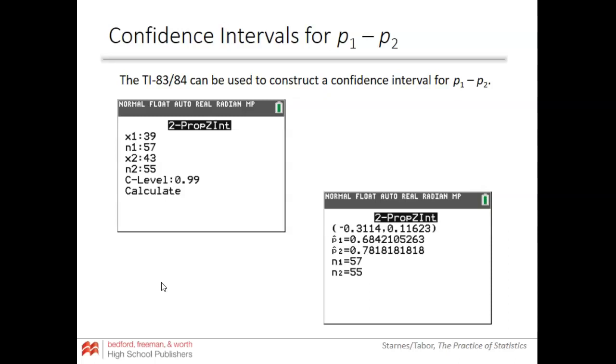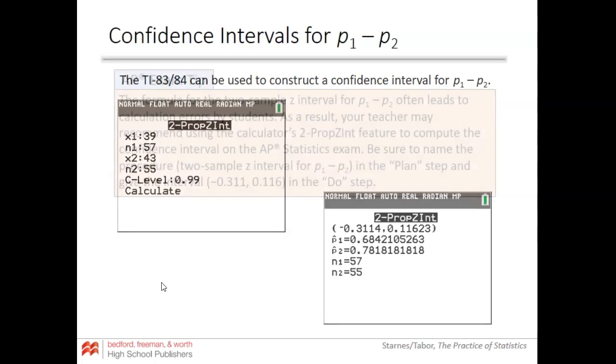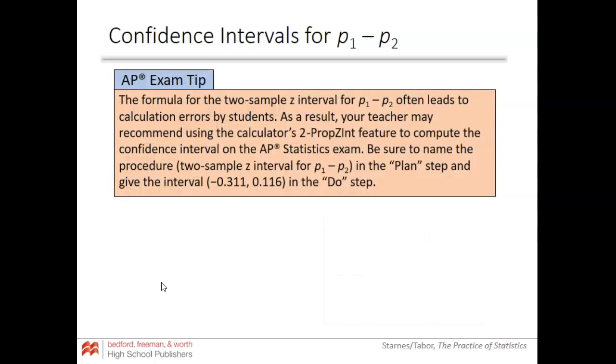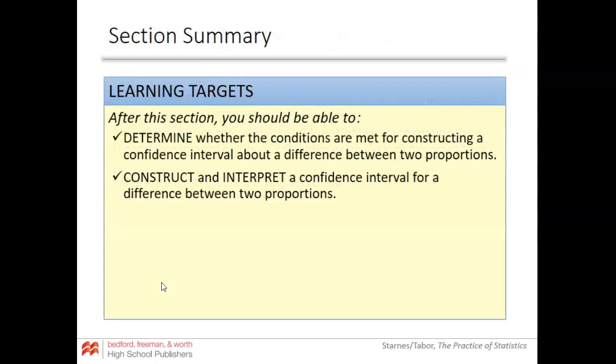So we're going to talk a little bit about that, and I'm going to show you that in the second part of this video. So just keep that in mind as you're going through some of the problems that you'll see with the difference in proportions there. Okay? All right.